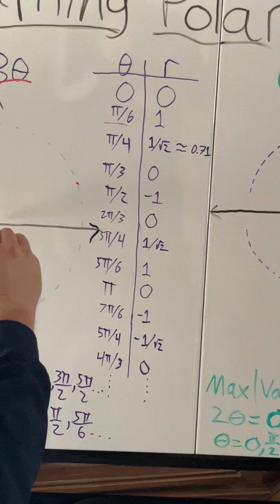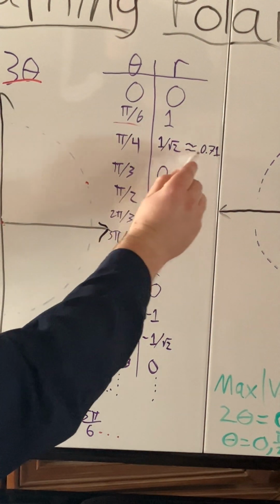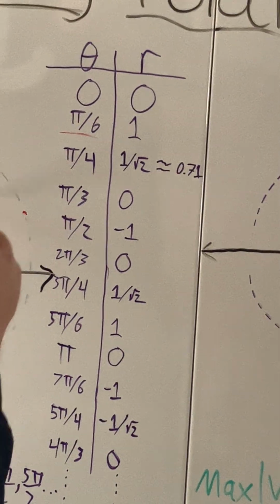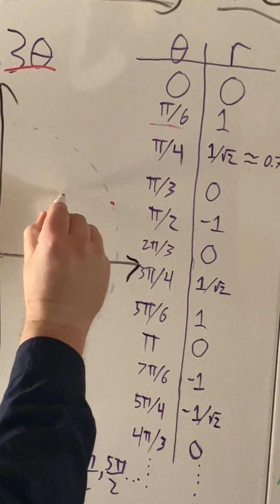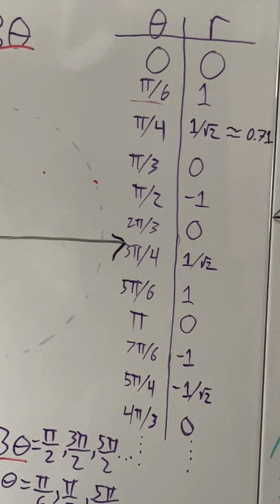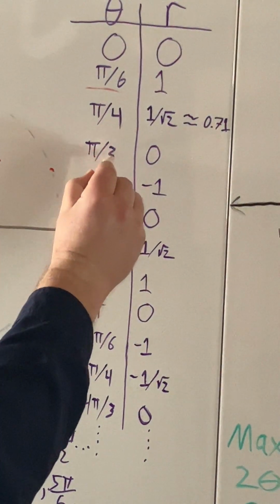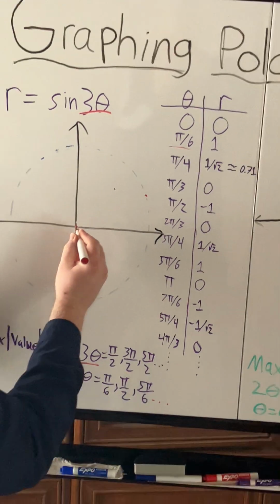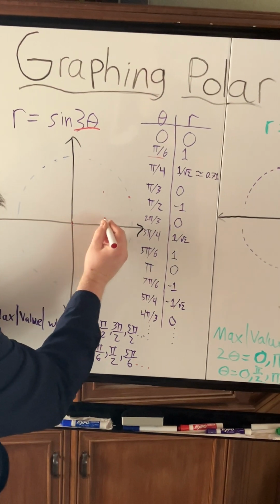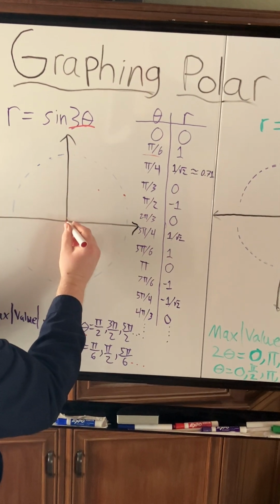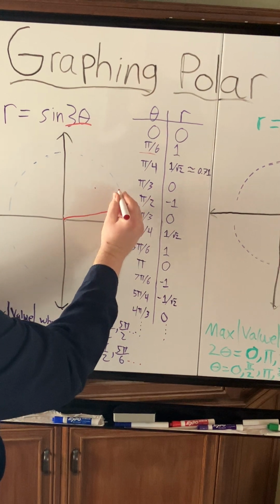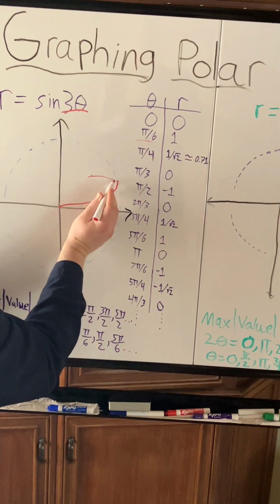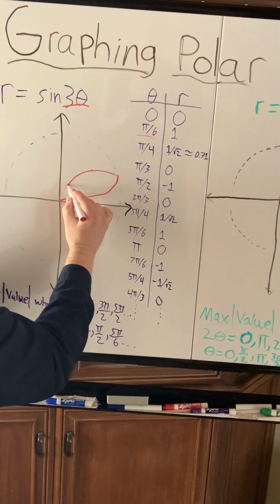So at pi over 4, it's at this value. So somewhere, here's pi over 4, maybe somewhere around here, right? And then once we get to pi over 3, we're back to a value of 0. So that tells us that this is going to look something like this. It's going to come out, hit that point, come back in, like this.